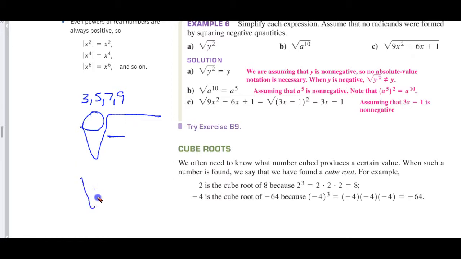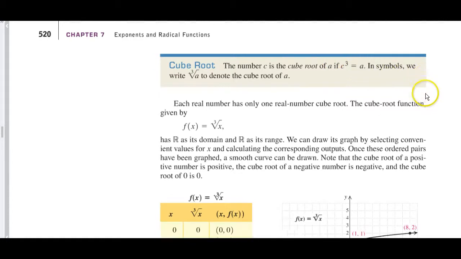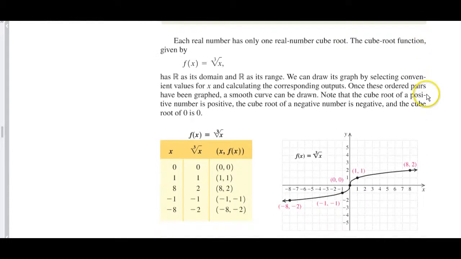And just to review, if the index is even, 2, 4, 6, 8, you are not allowed to have a negative sign under the radical. And there's the basic rule.